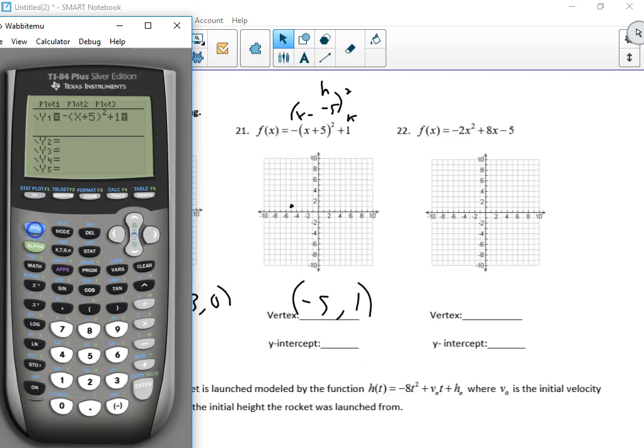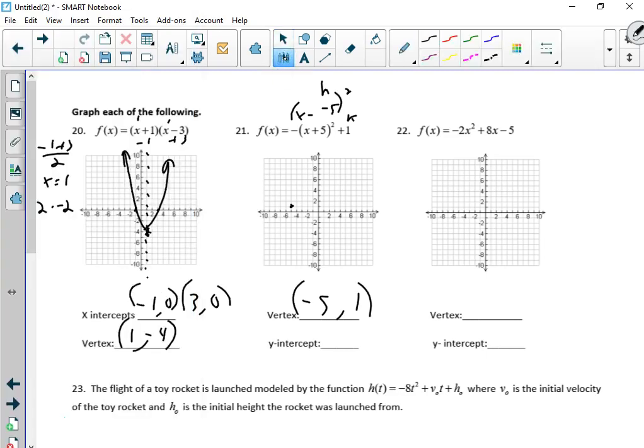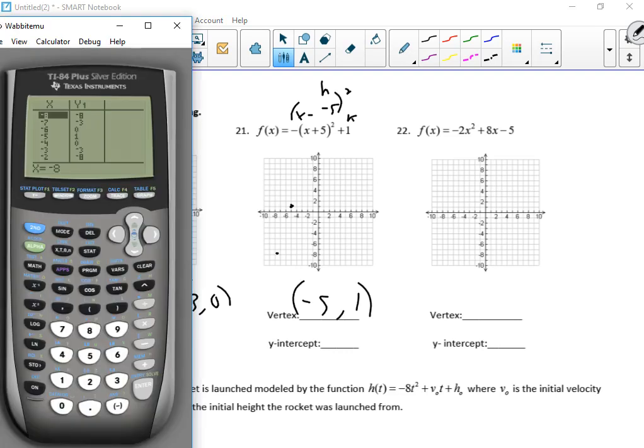And then get some points. So negative 8, negative 8. Right about there, kind of faint. Negative 7, negative 3.